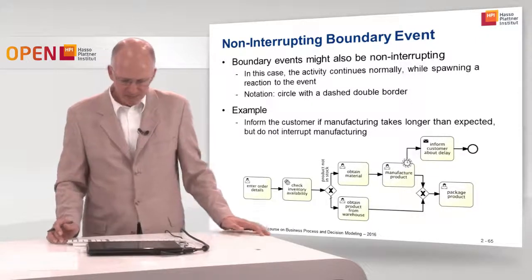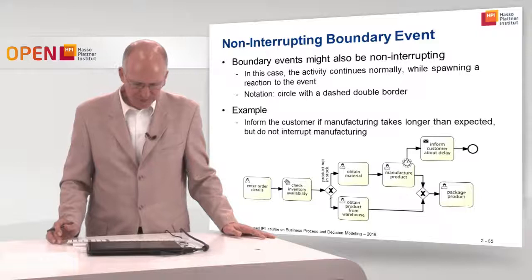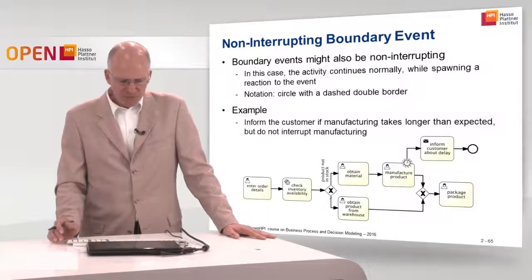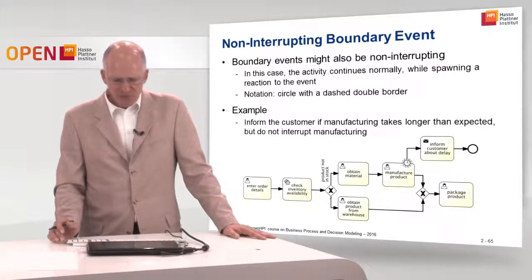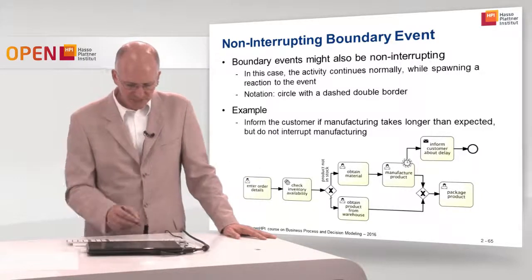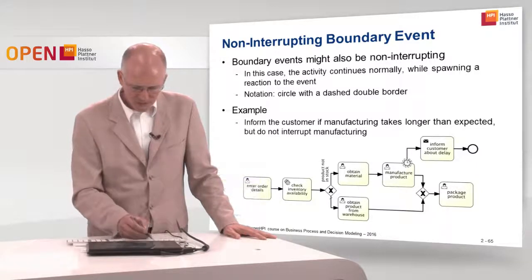Here's an example also related to our scenario. I'd like to inform the customer if manufacturing takes longer than expected, but of course I do not want to interrupt manufacturing in this case.